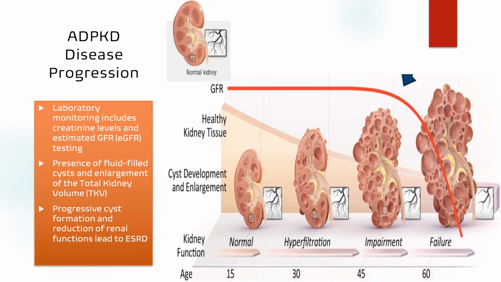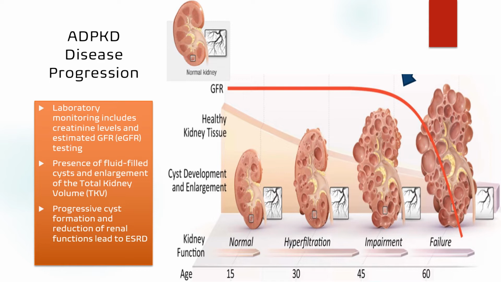But this schematic generally provides an overview relating to renal function, cyst development and enlargement, and almost a comparison between healthy renal tissue and where there's GFR decline by age.